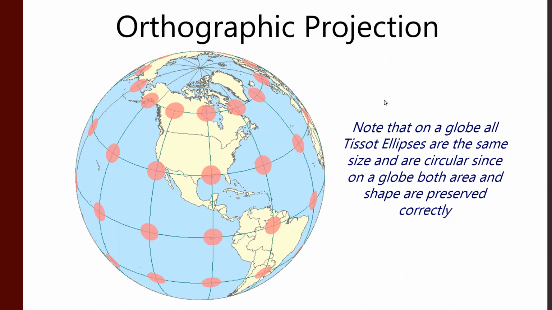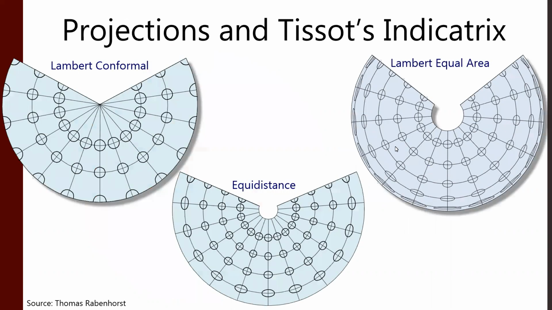So the Tissot's ellipses here on this simulated 3D projection are all round. Well, if we move them to different types of projections, we can see that conformal circles are all the same shape. Equidistant circles are all the same distance from each other, and equal area circles are all the same area. Some of them get really squished though.